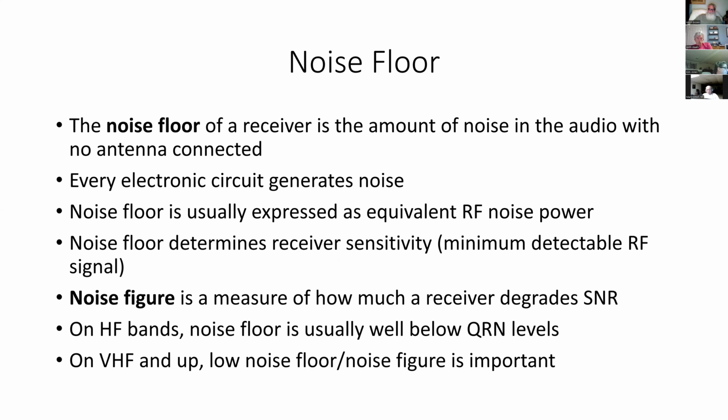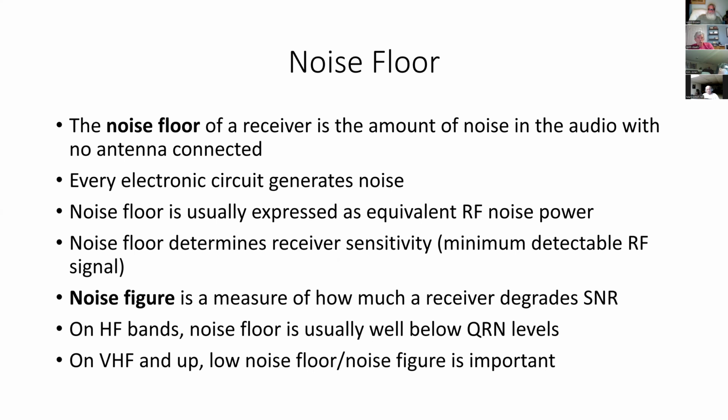On the HF bands, the noise floor of the receiver electronics is usually well below the noise levels that you get just by hooking up your antenna. All this random noise in the atmosphere I've been talking about, and from man-made sources too. On VHF, having a quiet receiver or a low noise figure is much more important, because the noise you receive over the air tends to go down with frequency.